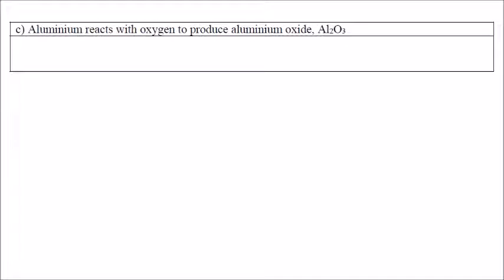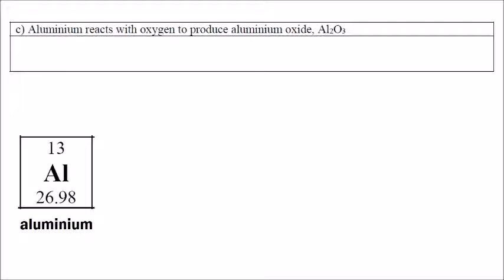In our next reaction, aluminium reacts with oxygen to produce aluminium oxide. So the symbol of aluminium is Al. It reacts with oxygen, which is written as O2, and it produces aluminium oxide, Al2O3.